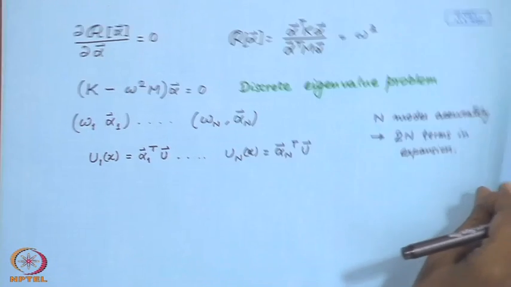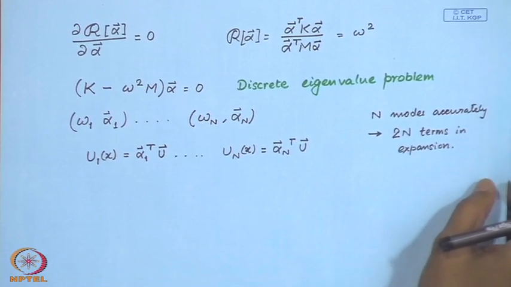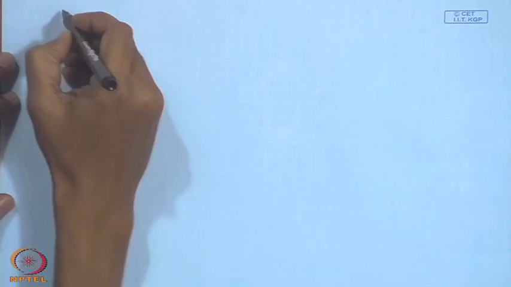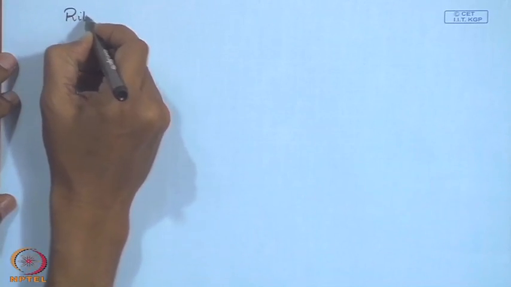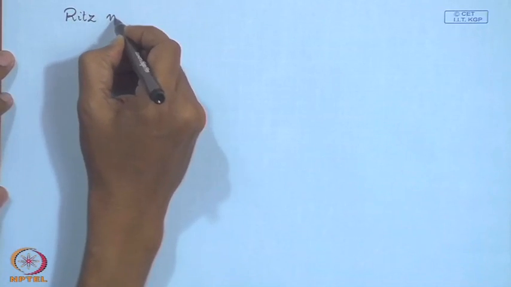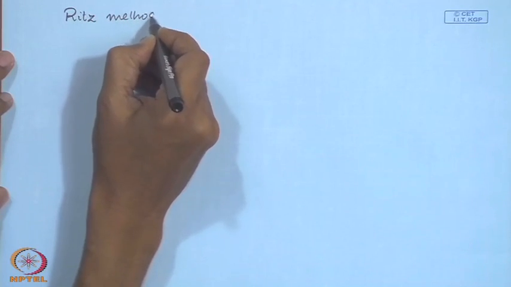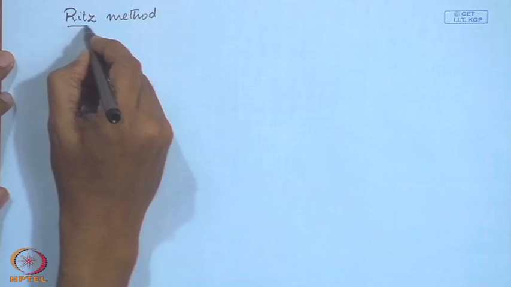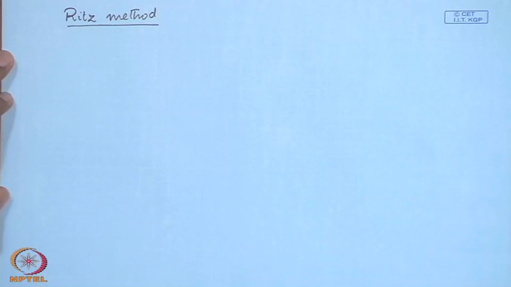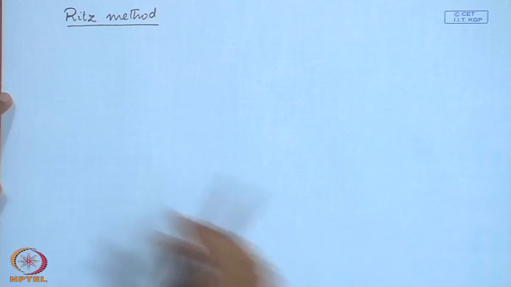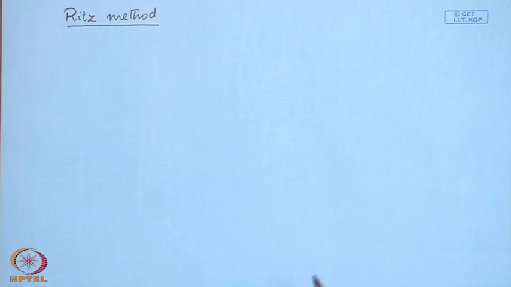Now, there exists another method which is quite powerful in this class of methods, which is known as the Ritz method.